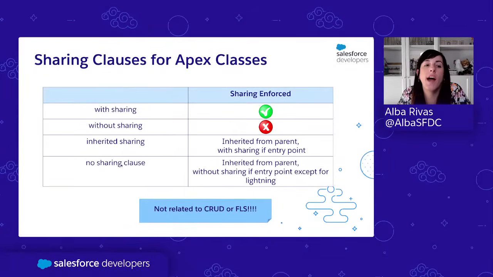If you add the keyword with sharing, then record level security is going to be enforced. If your user has permission to see specific records, then he or she is going to be able to see them. But if the user doesn't have permissions, then they are not going to be returned by the Apex class, or the user is not going to be able to perform a DML operation over those records in the Apex class.